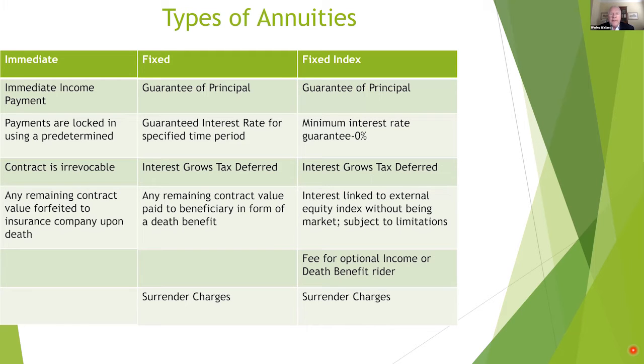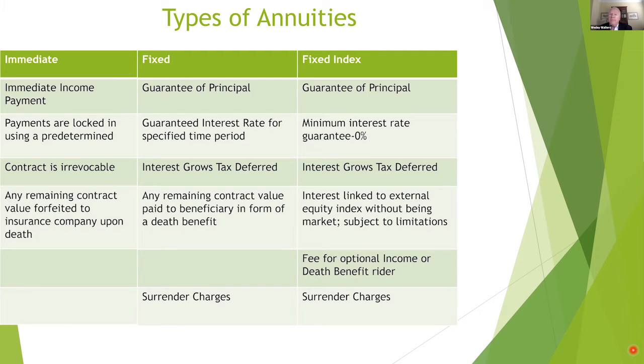A fixed indexed annuity, most people have not heard of these, even though they have been around since 1995. The reason being, you have to go to an advisor that offers this product or you'll never even know about it. This has a minimum interest rate guarantee, not a large one. Your index grows tax deferred, and your interest is linked to an index like the S&P, the NASDAQ, the Dow, or many others, without actually being invested in it.